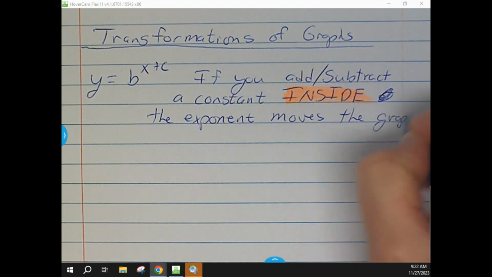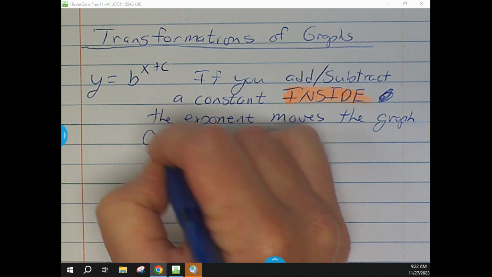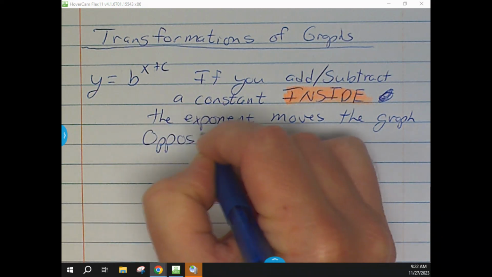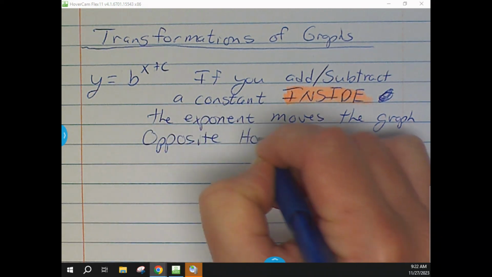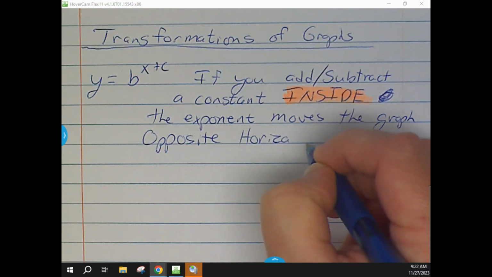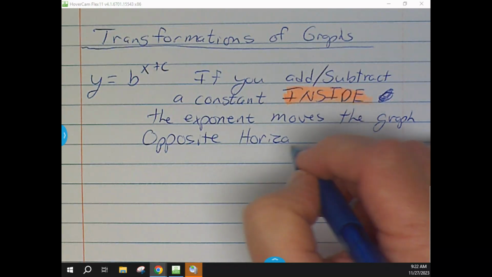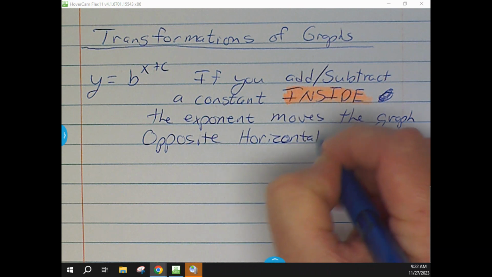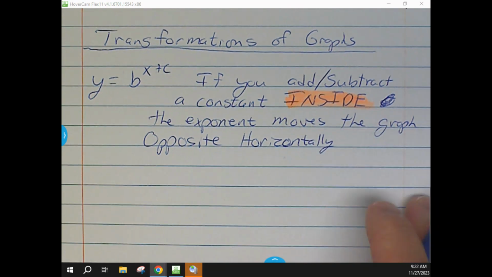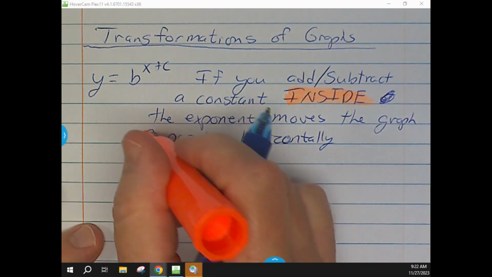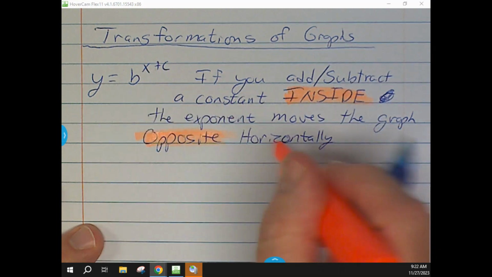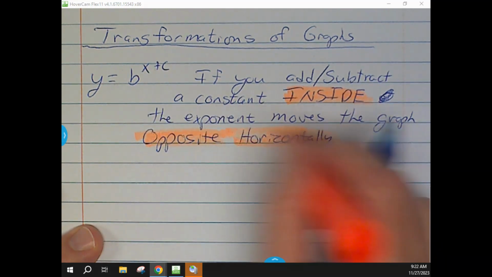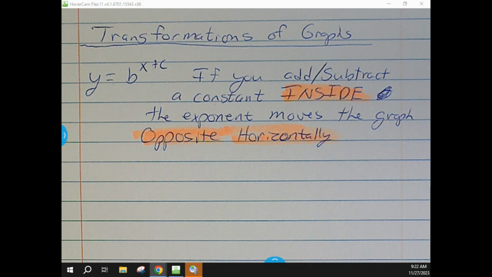It's going to move the graph opposite horizontally. So it's still that exact same thing. You're still going to move it horizontally, but you're going to move it in the opposite direction.